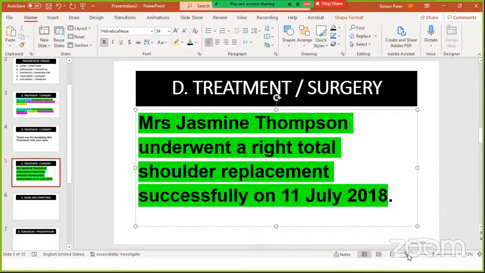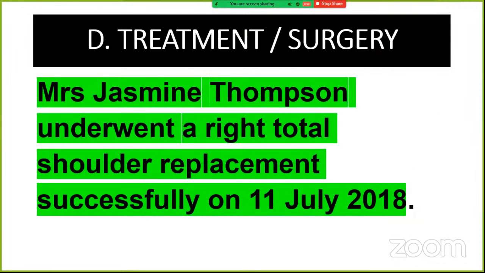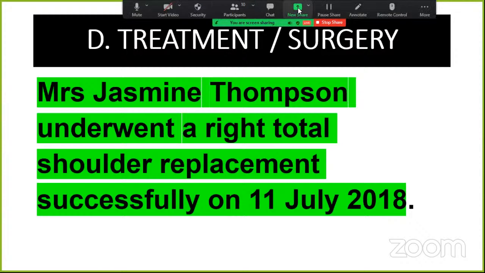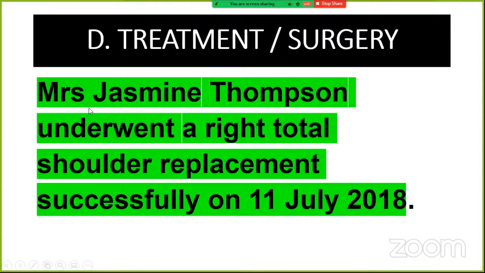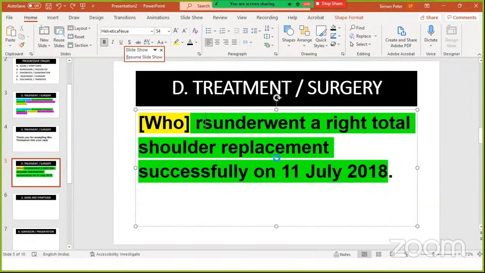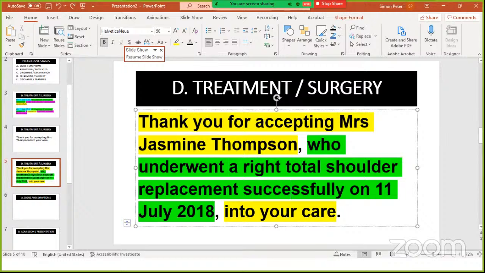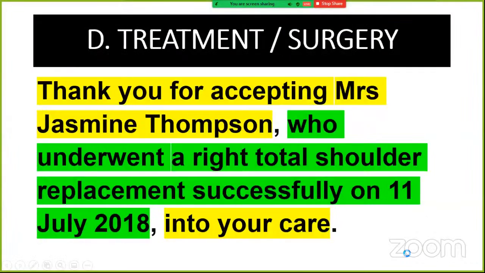So this is a perfect sentence. Fine. So now what we are doing, we are taking it back now. So that is it. Now, what is separated by commas is the subordinating clause.